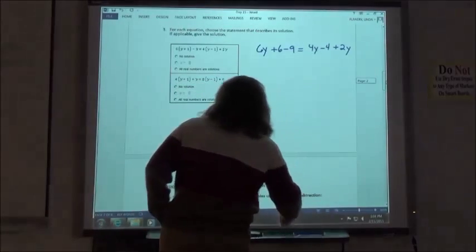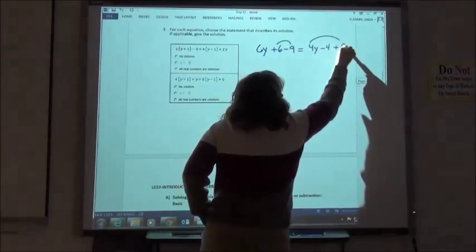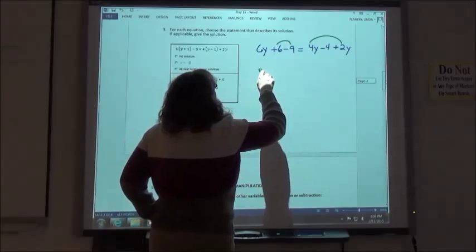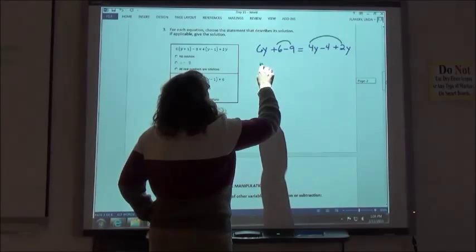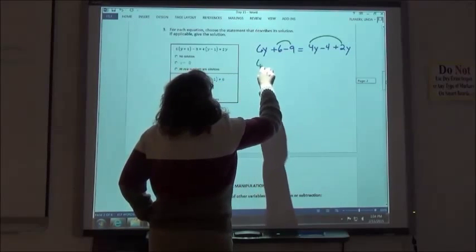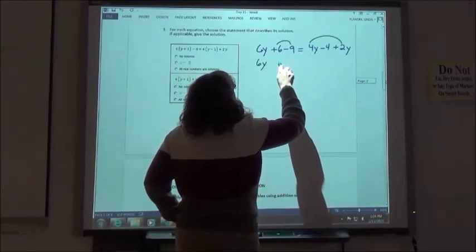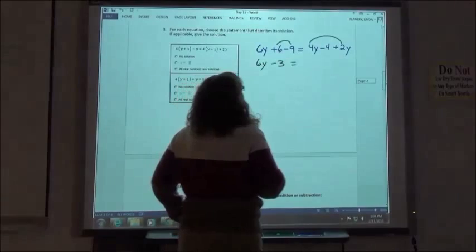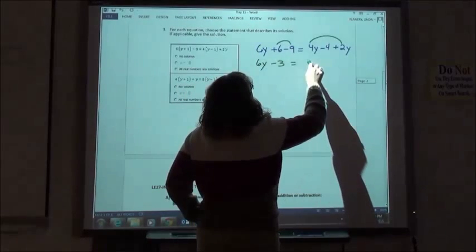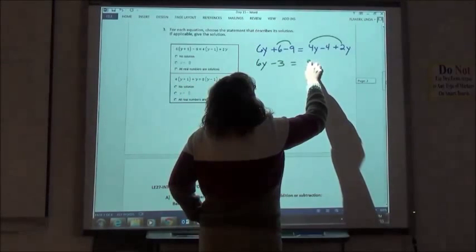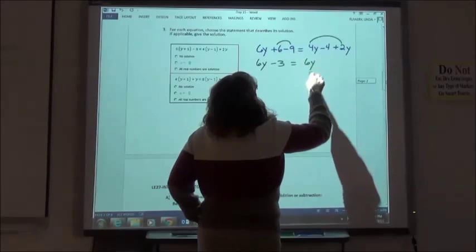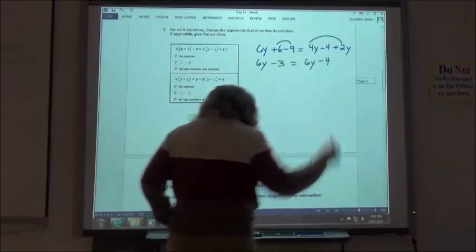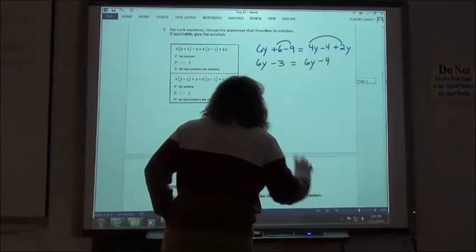Combining your like terms, it'll be 6y minus 3 equals 4 plus 2, which would be 6y minus 4. Okay. Keep going.